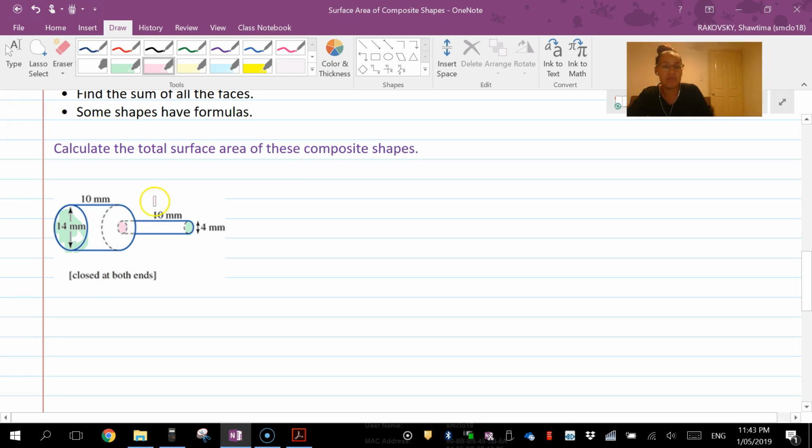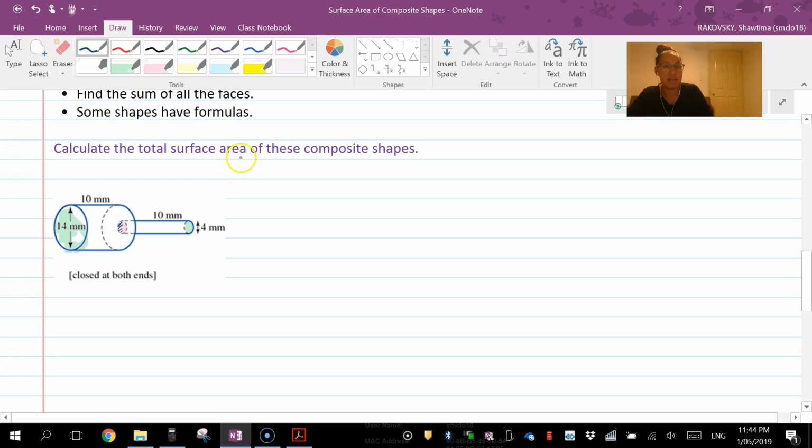Now, if we think back to what a cylinder is, it's two circles and a rectangle. This little circle is going to have to be subtracted from this big circle, and it's going to have to be subtracted from the smaller cylinder here. If I write out the formula, you'll start to see there's a cancellation happening.